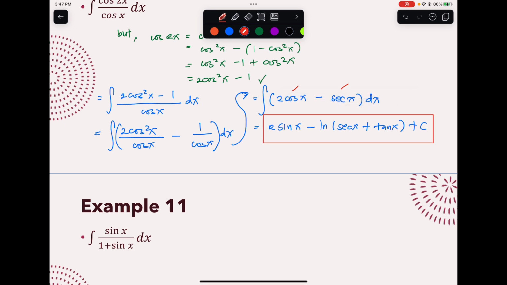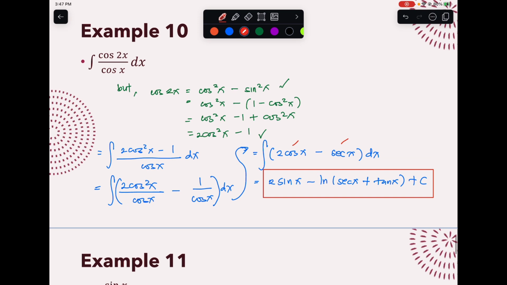So 2 sine x minus ln of secant x plus tangent x plus c. That is our example number 10. Okay, so in this case we use identities.